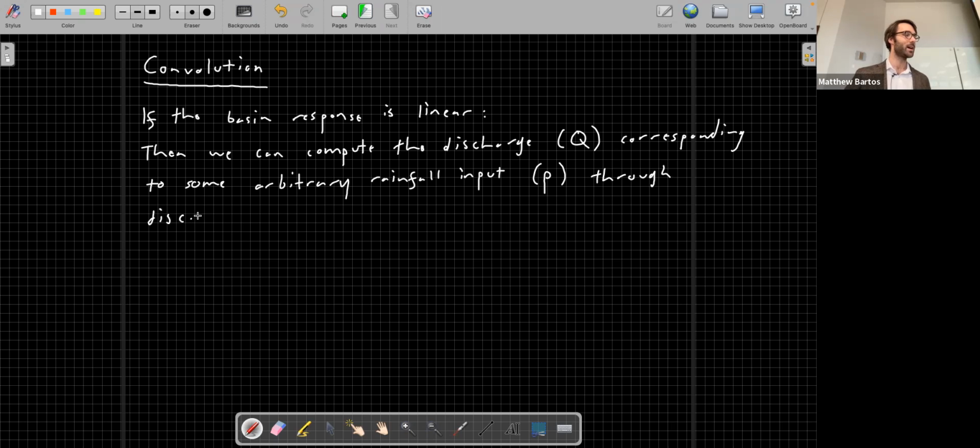And I will show you mathematically what discrete convolution is, and then I'll give you some intuition for it. Okay, so the operation for convolution is as follows.